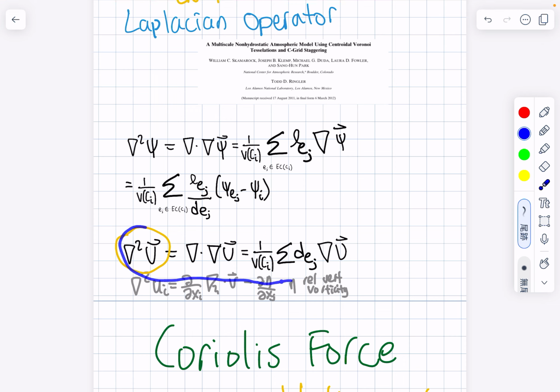But as for a Laplacian of velocity, scalars are stored at the cell center, so velocity is stored at the edge. So I'm not sure how this is done. The gradient of something stored at the edge is at the cell center, so I need to confirm how that is done before I can talk about it.